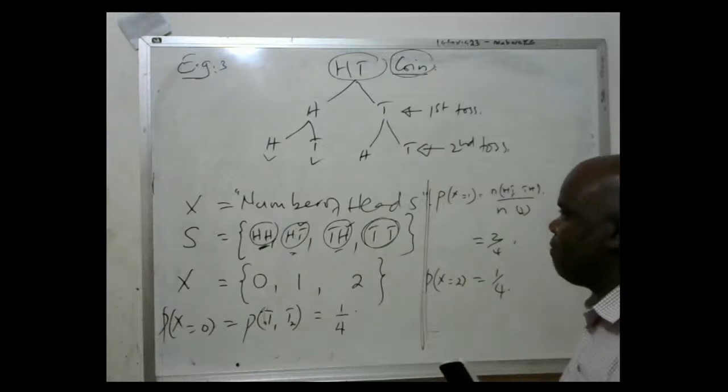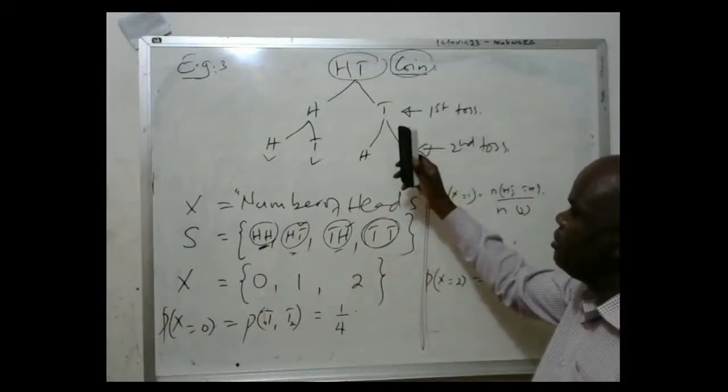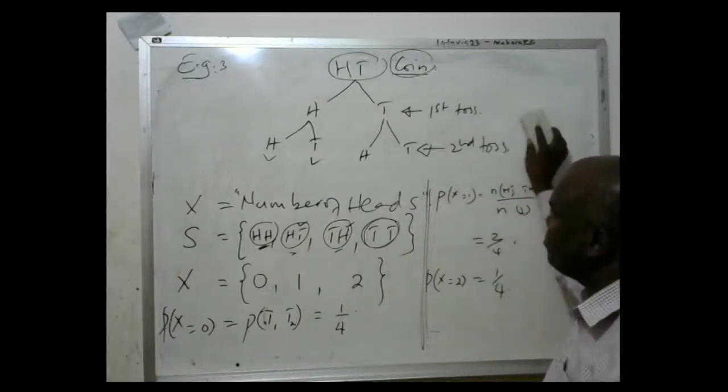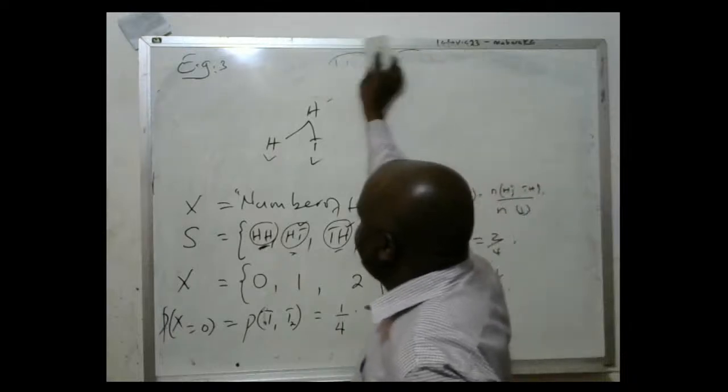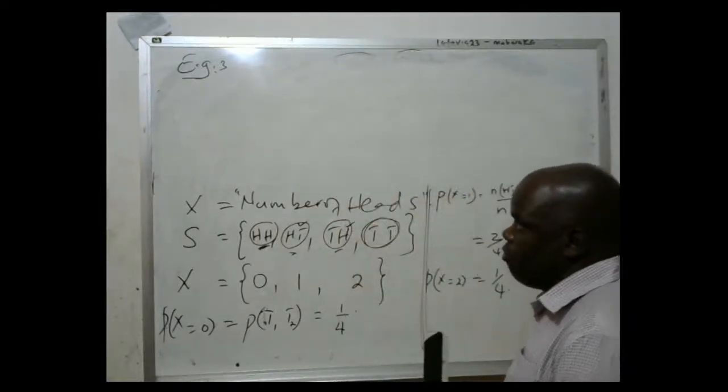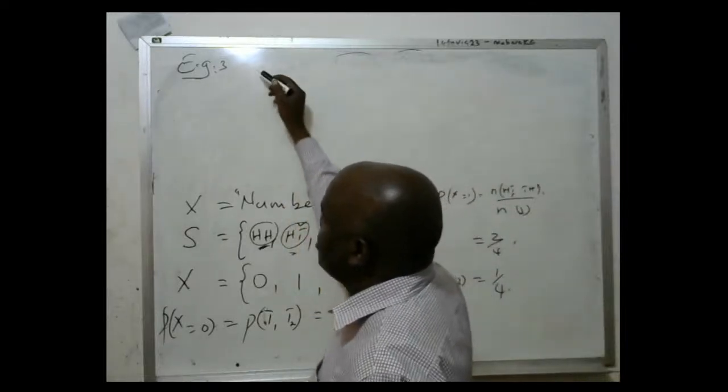Keep that in your mind. I hope you remember that. So tossing this coin 2 times is the same as tossing 2 coins once. So we can write this as a probability distribution of our coin when it's tossed.